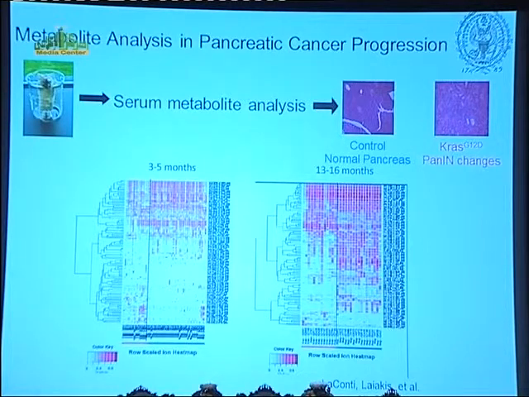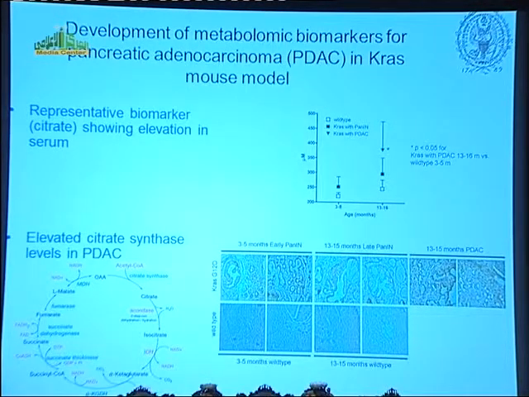Just as a proof of principle, Leah in my lab went on to identify a few metabolites, and I'll show you some results for a particular metabolite, namely citrate, where she found an increase that was statistically significant for the adenocarcinoma, particularly at the later times, and we saw a progressive increase from wild type to these early intraepithelial lesions all the way through to adenocarcinoma.